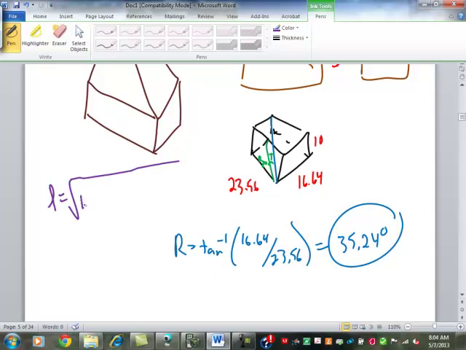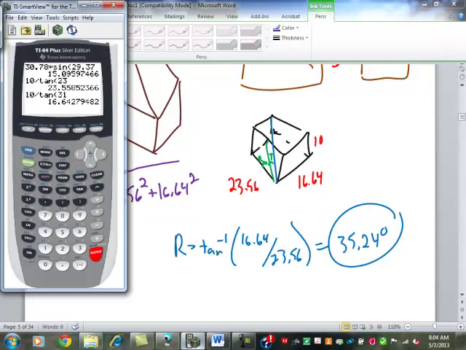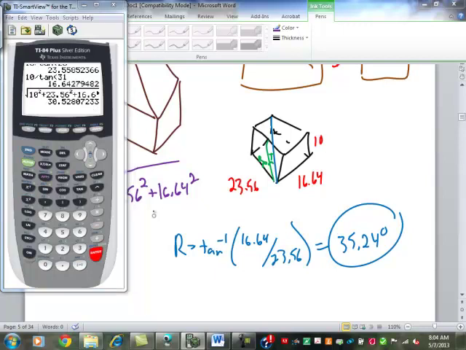That length will be the square root of 10 squared plus 23.56 squared plus 16.64 squared, giving us 30.53.